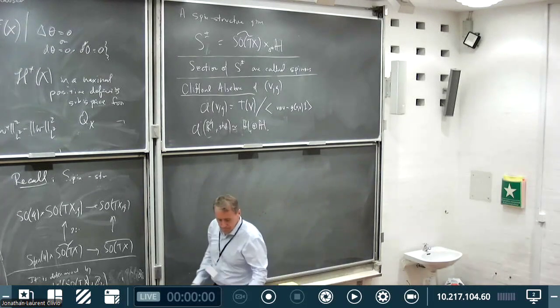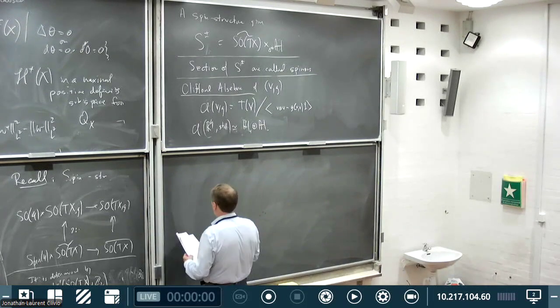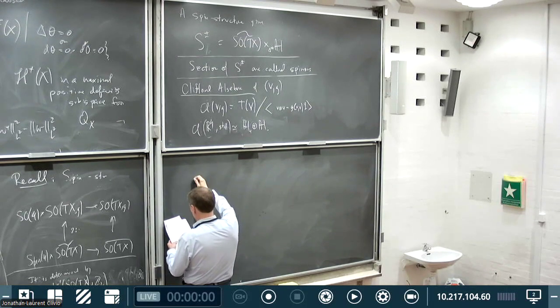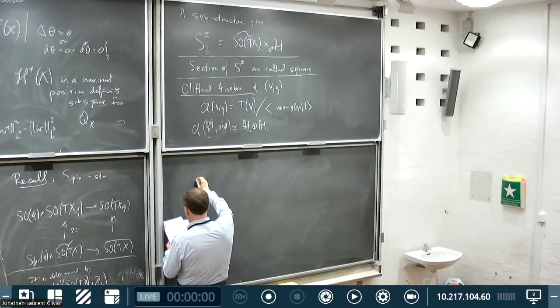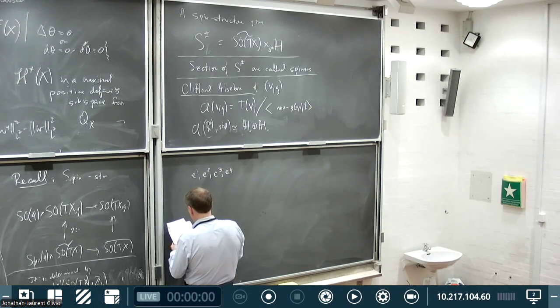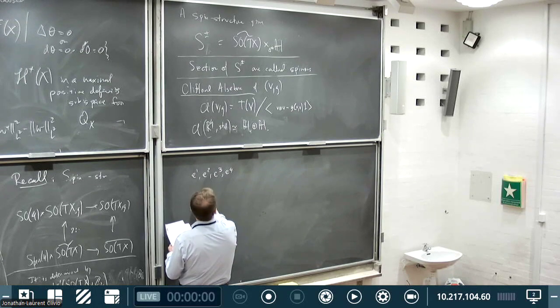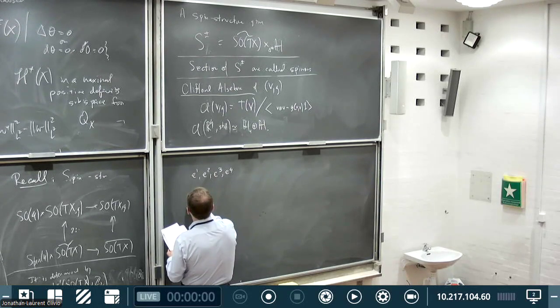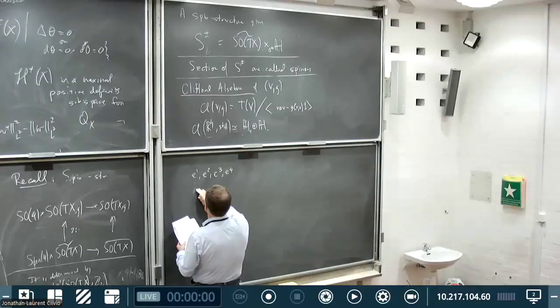And concretely, we can think about it this way: if I again have my orthogonal basis, then these are supposed to give me quaternions, and they give me, well, two copies.